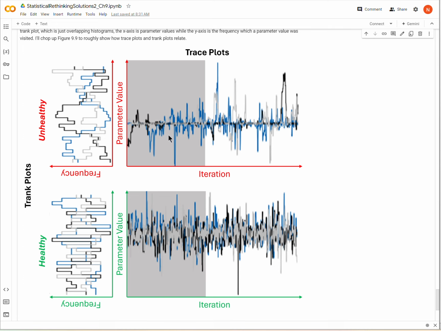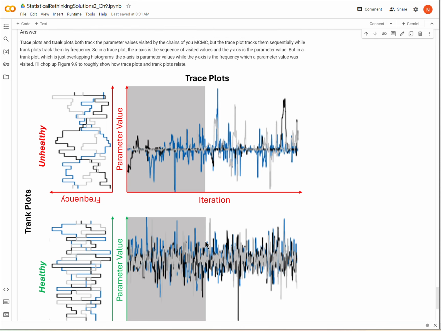So what is a healthy chain? Let's go down here and look at these healthy chains. There are a few criteria that make it a healthy chain. Either in the book or elsewhere it's said that a good-looking set of chains looks like a fuzzy caterpillar. What that is getting at is, one, there should visually be a central horizontal band that every chain is kind of around.